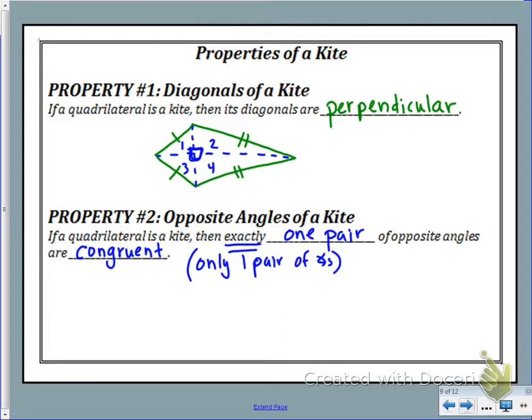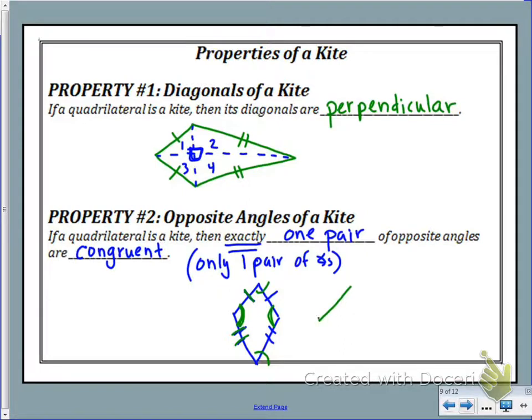So for example, if this is our kite with 2 pairs of consecutive congruent sides, the congruent angles have to be between the non-equal sides. So these 2 lengths are not the same. So this angle is going to be equal to the angle opposite of that. So it is not going to ever be the angle here or here because those are between the congruent sides. So it's always between the non-congruent sides.